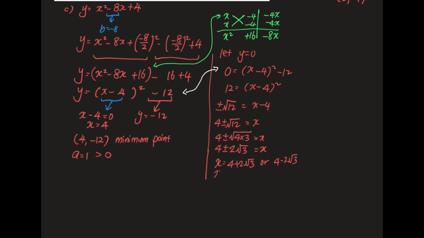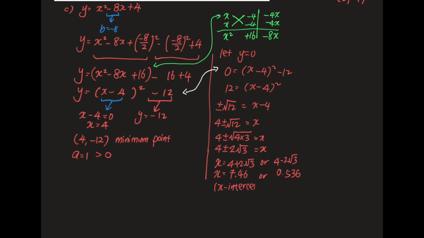So to make it convenient, we change both to decimal. 4 plus 2 root 3 is 7.46. The other one is 0.536. Okay, so we get the x-intercepts.